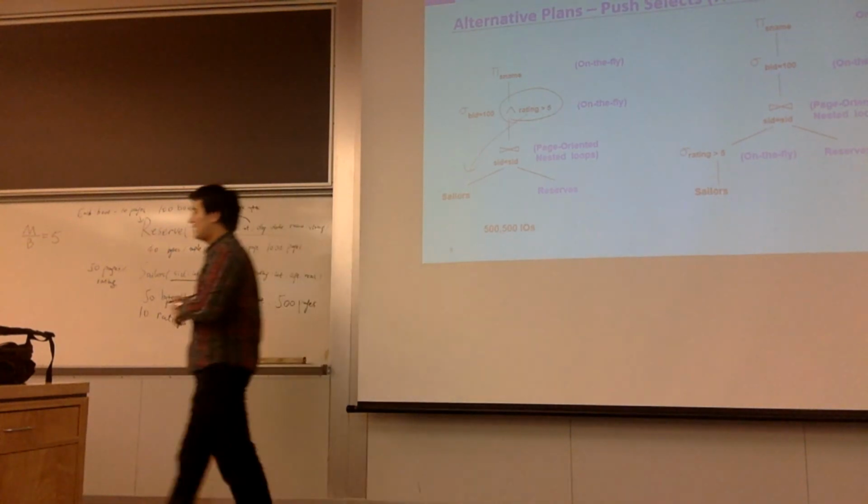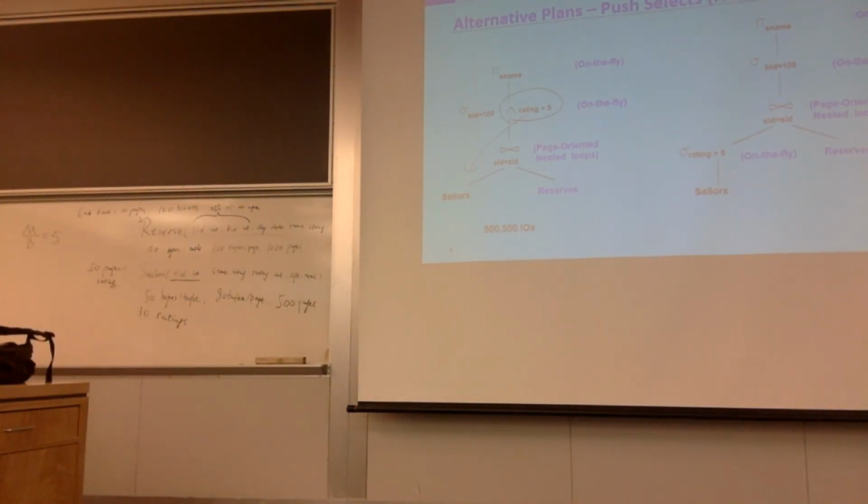Then what happens is that you scan everything here once. You have 500 pages, so that's 500 IOs. But what's the number of tuples you have in the end?